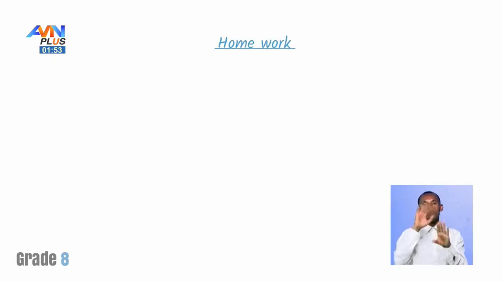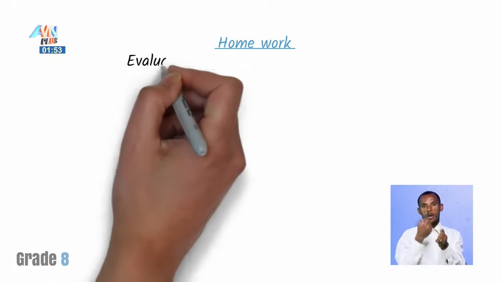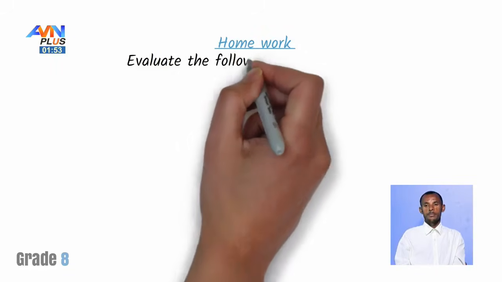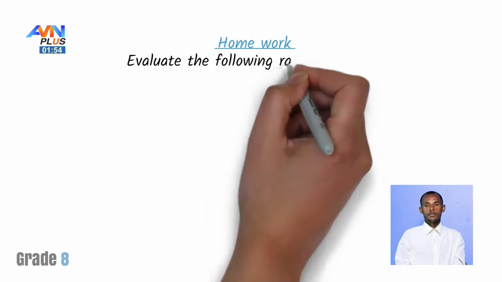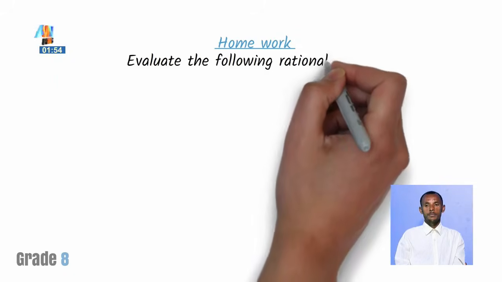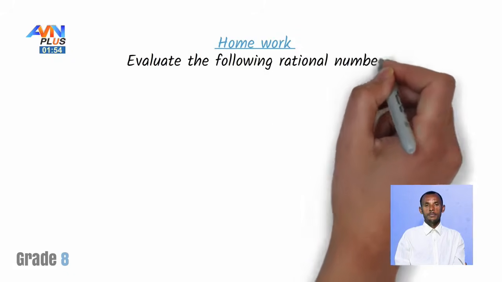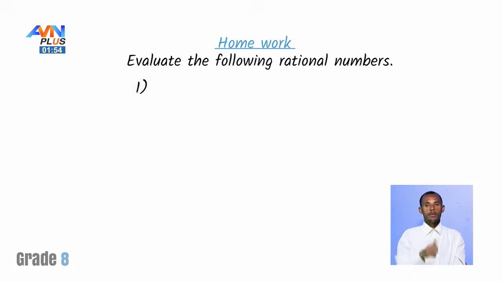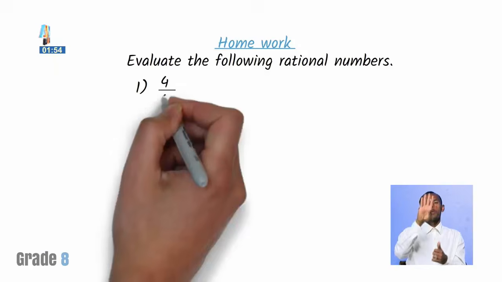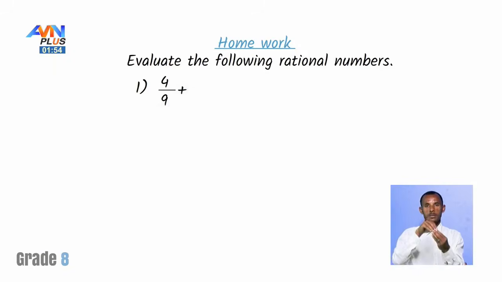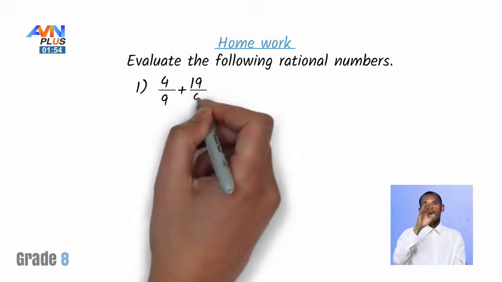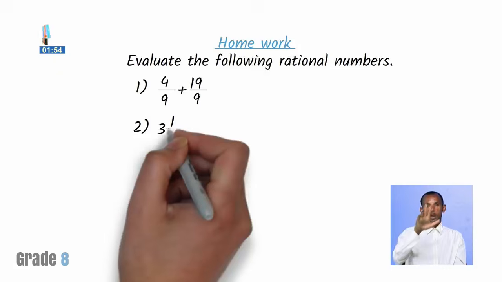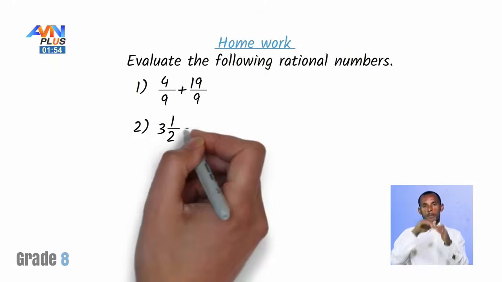Evaluate the following rational numbers. Number 1: 4 over 9 plus 19 over 9. The second one: 3 and a half minus 2 and 1 over 3.